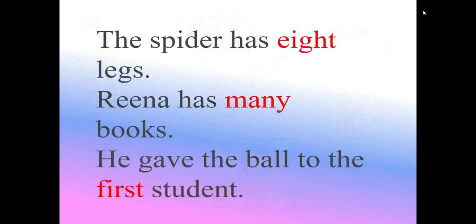Just a revision: whenever an adjective is used with an uncountable noun, it's an adjective of quantity, and when it's used with a countable noun, it's an adjective of number. Please don't get confused.